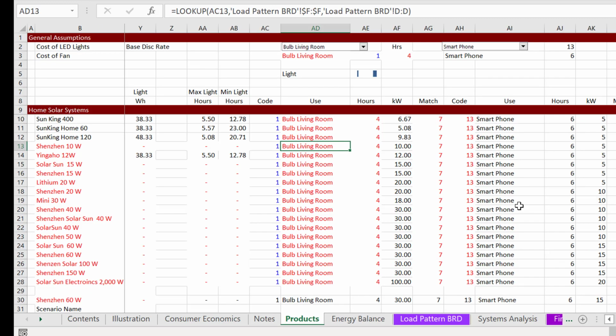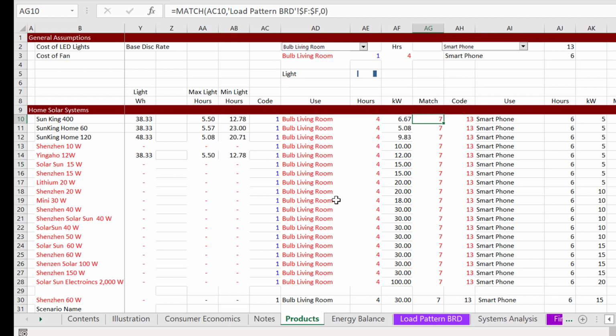For different products, we're going to put different kinds of appliances, how many hours they're used, and then I'm going to put the kilowatts in. I suppose I could multiply the kilowatts times the hours and get the kilowatt hours for the day, but we're going to put that in our sources and uses of energy.